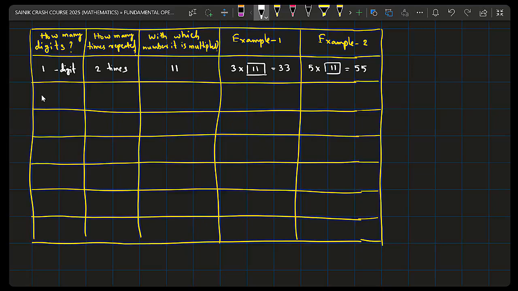Then next pattern is one-digit number only. I want to repeat three times. Now, who will tell me with which number we should multiply?